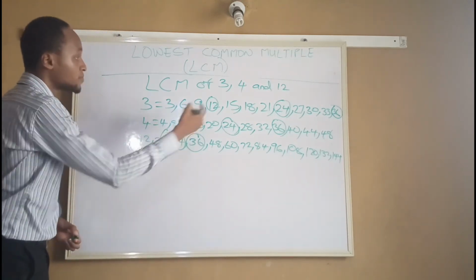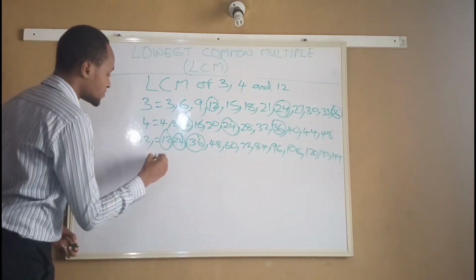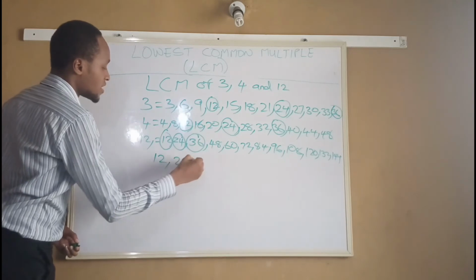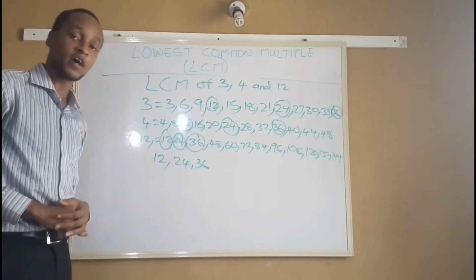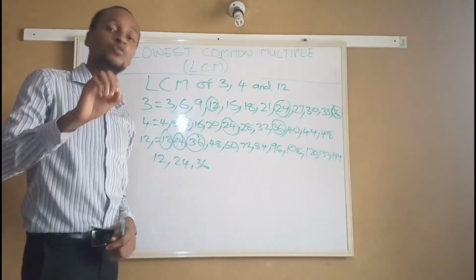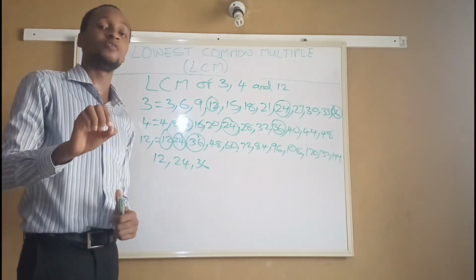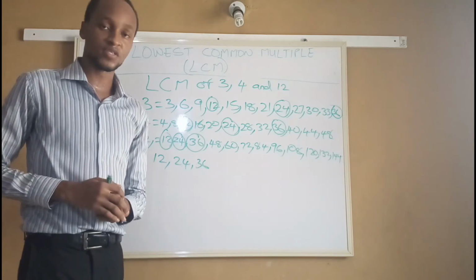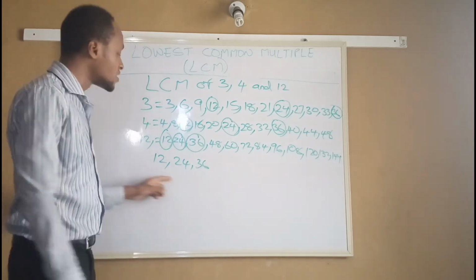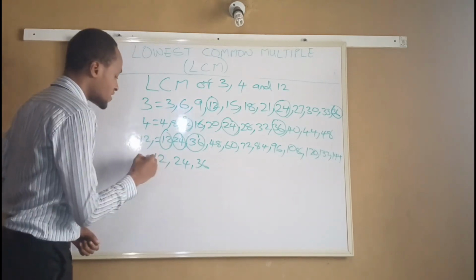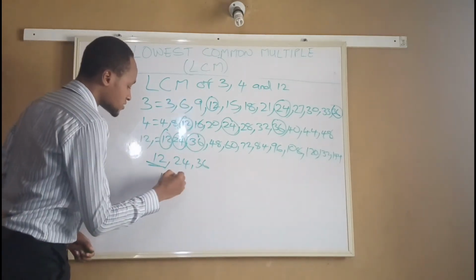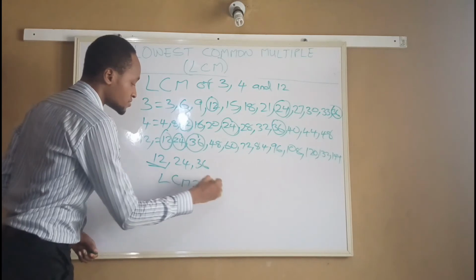Now these common multiples are 12, 24, and 36. These are the common multiples of 3, 4, and 12. Now, we are not looking for the common multiples, but we are looking for the lowest common multiple. Of these 3 common multiples, the lowest is 12. So 12 is the lowest common multiple.